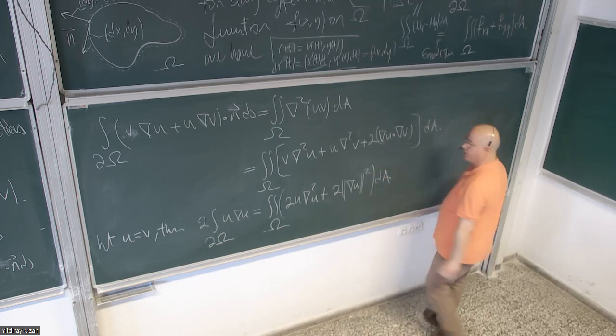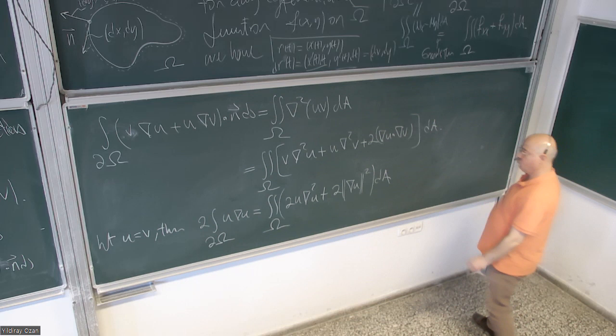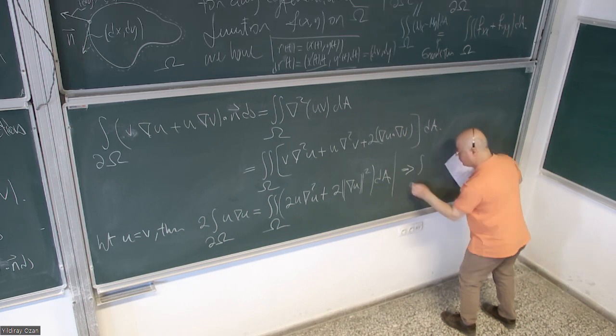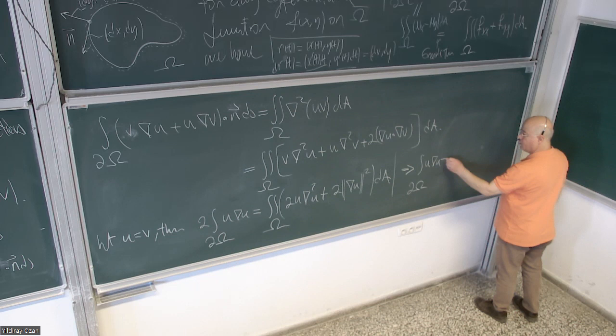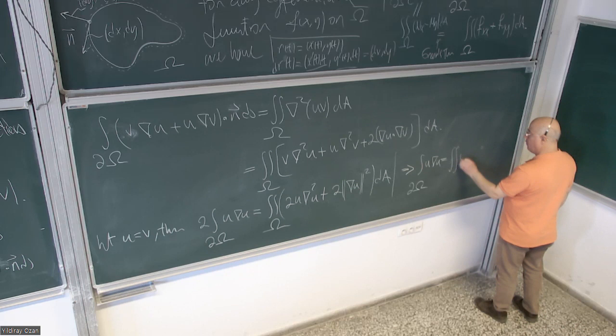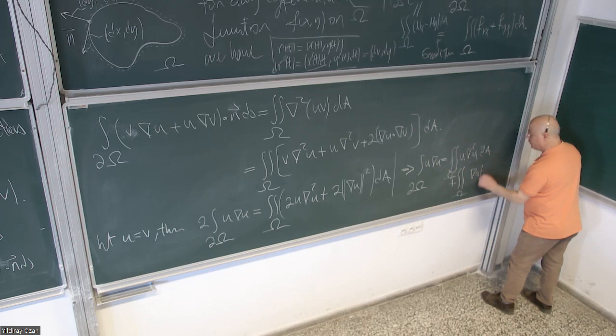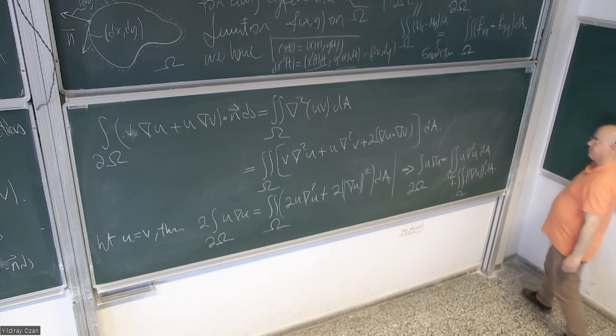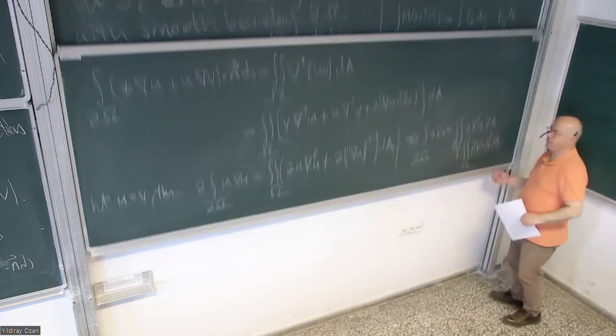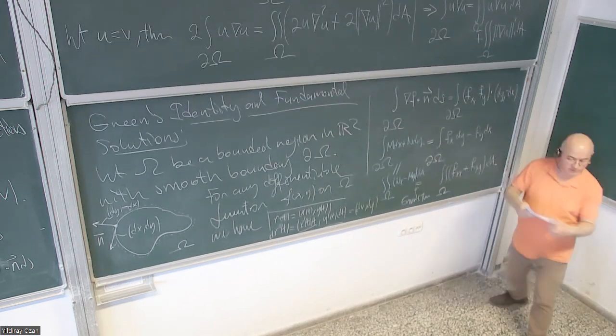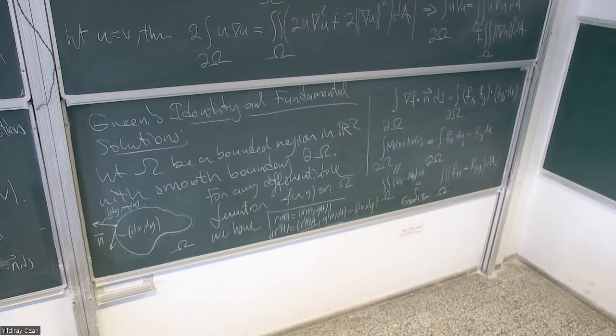Okay, and if you cancel 2's, you get just the integral over the boundary of u nabla u is just the double integral of u Laplacian of u plus, let me write it this way again, the double integral of nabla u squared dA. Now why did we write these? We will use them too.